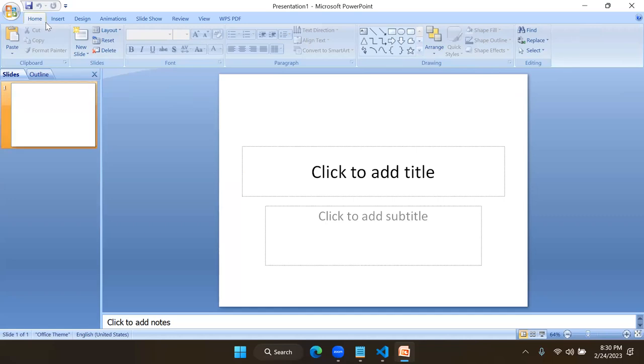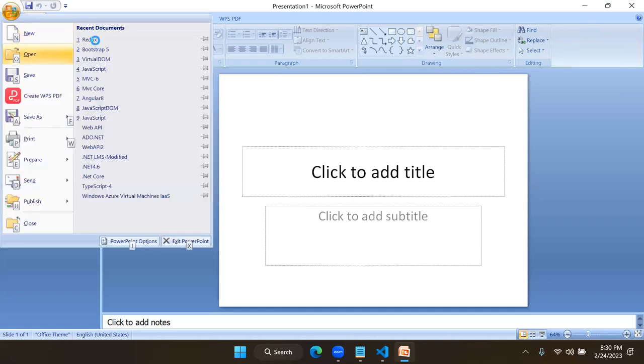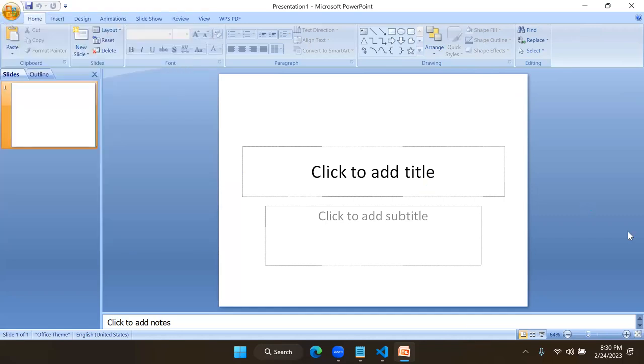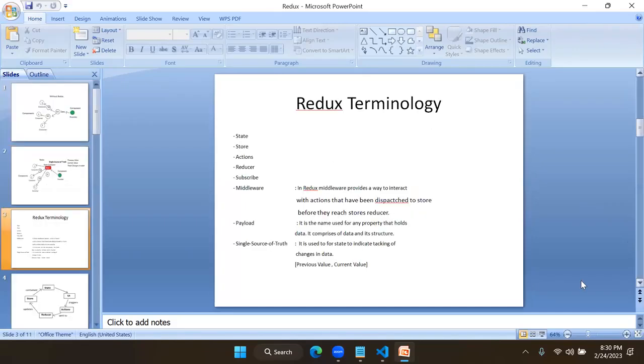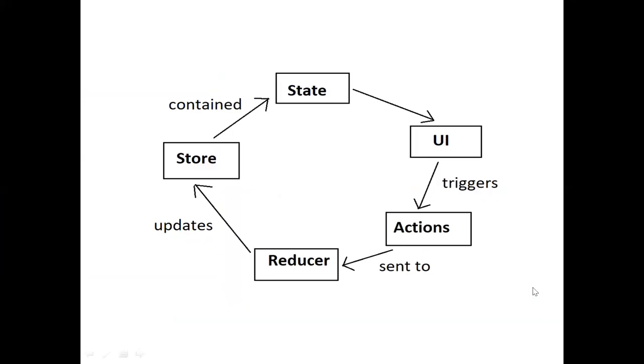Then I will show you. That's the cycle we have to maintain. That means these actions, this reducer, this store, this state. What I have done is the actions and this reducer I defined by using slicer. And this store I created by using store.tsx.